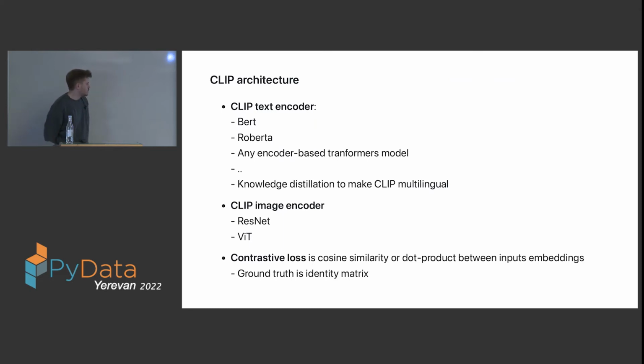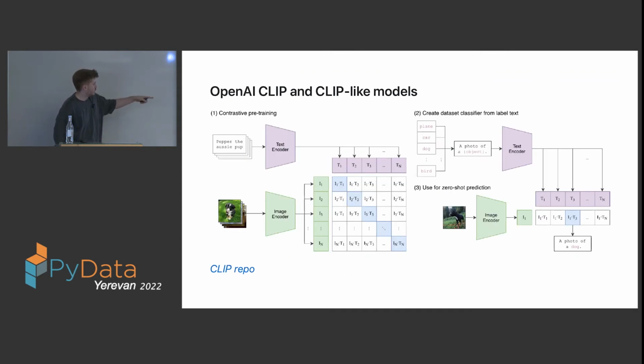So for CLIP image encoders, in the original paper, ResNet was used and ViT, so the vision transformers. And the training objective is contrastive loss, the loss that was mentioned here. So the ground truth is the identity matrix once again, and the similarity scores are the predictions.